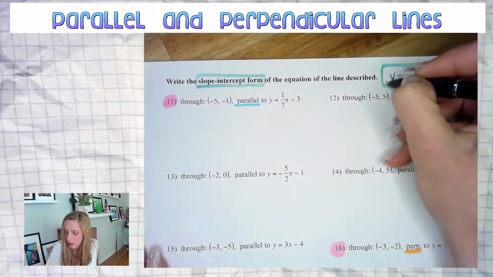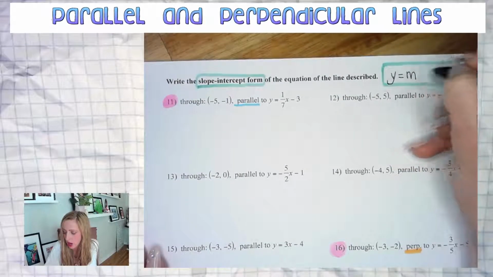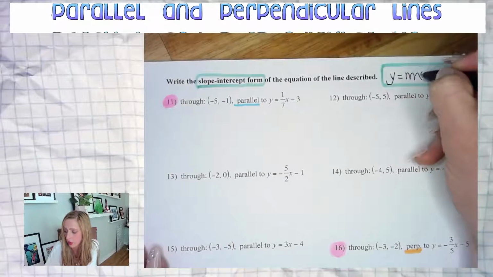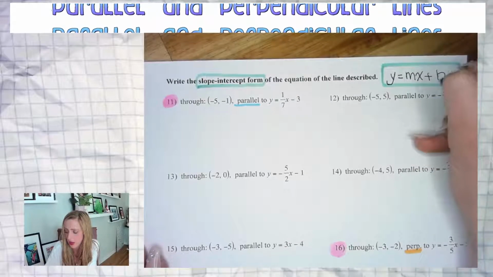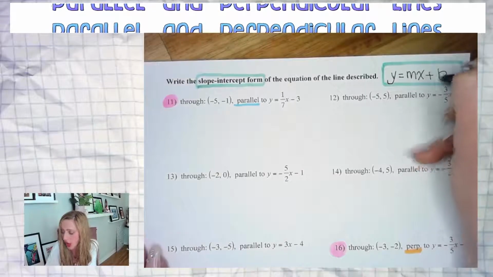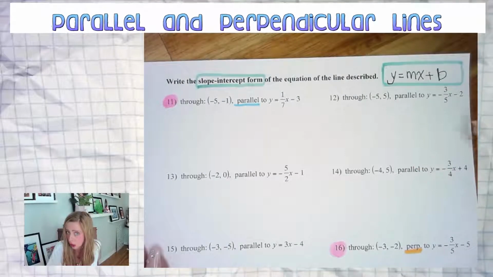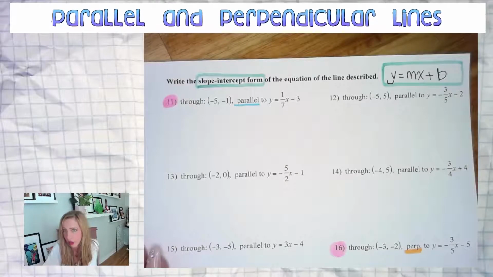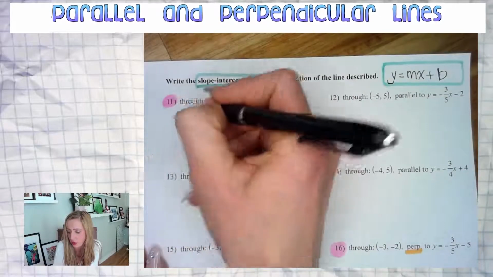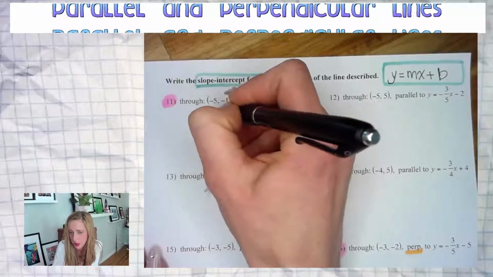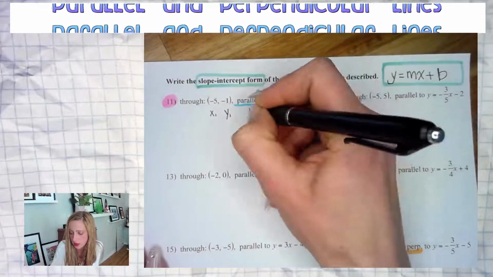This second portion of the assignment, we are asked to use slope-intercept form. What is slope-intercept form? That's y equals mx plus b. We're not going to jump right to this like magicians. We are going to use point-slope form, and we're going to convert it into slope-intercept form. We're given an ordered pair again, x1, y1.